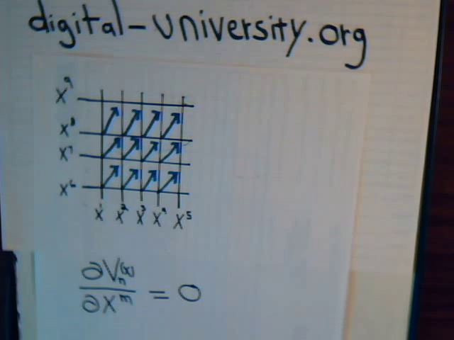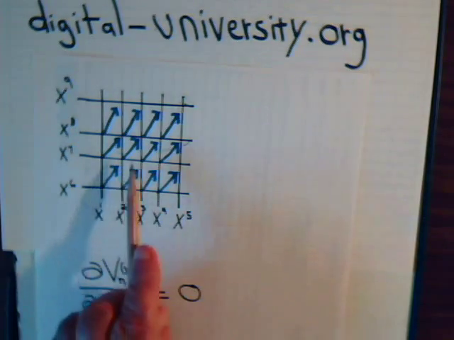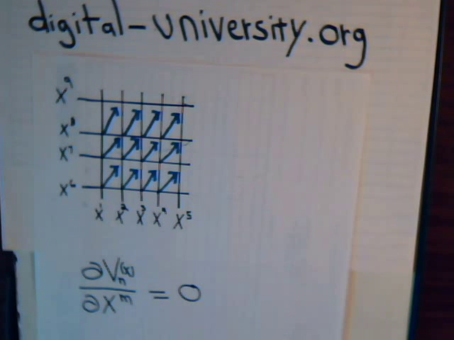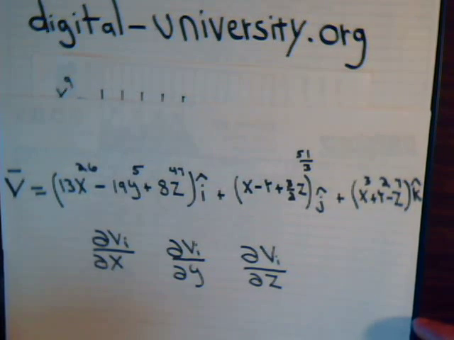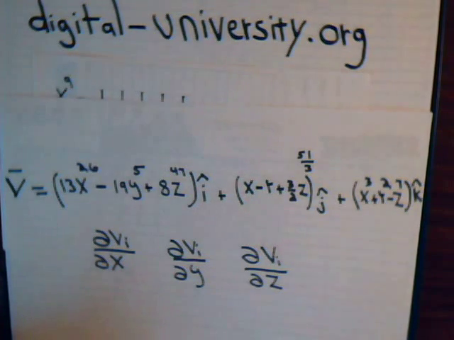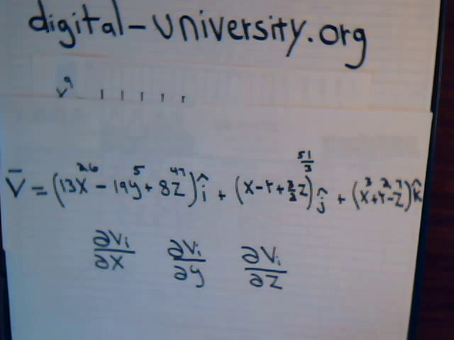Or for any horizontal axis, the components stay the same, and for the vertical axis, the components of the vector field don't change. Now, if we had a more complicated vector, say something like this, where for the i component we have 13 times x to the 26th minus 19y to the 5th plus 8 times z to the 47th.